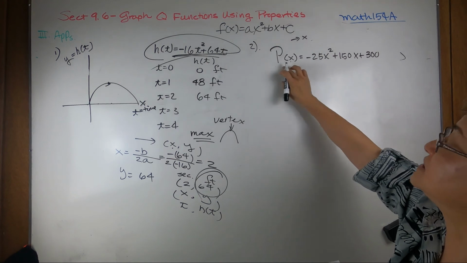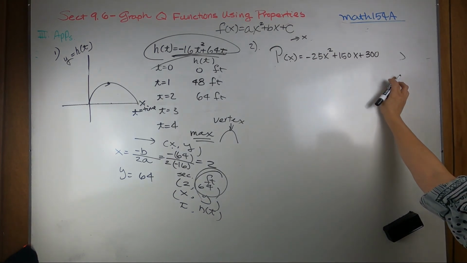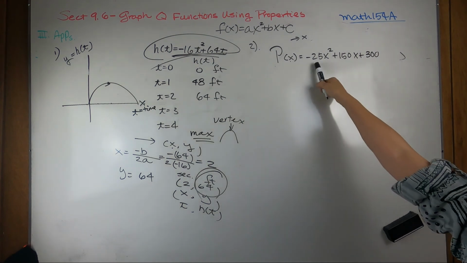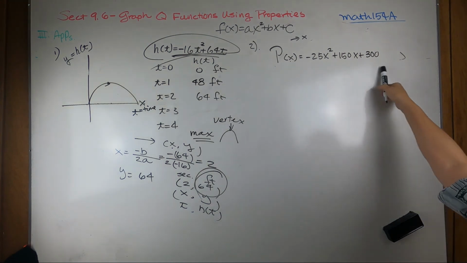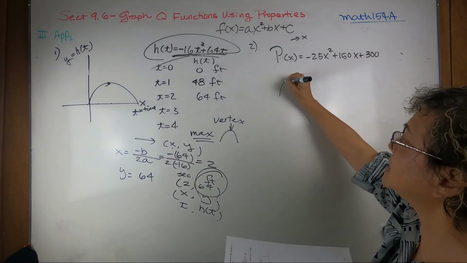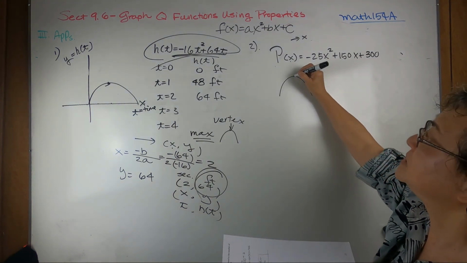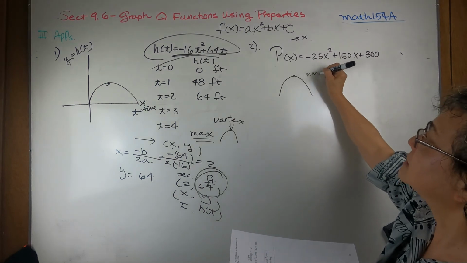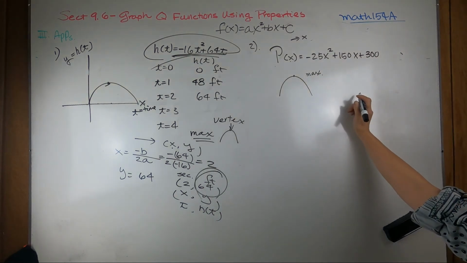So you look at this function. Leading coefficient is positive or negative? Negative. So for this quadratic function parabola, it opens up or opens down? Opens down. So it has what? Maximum. Right?